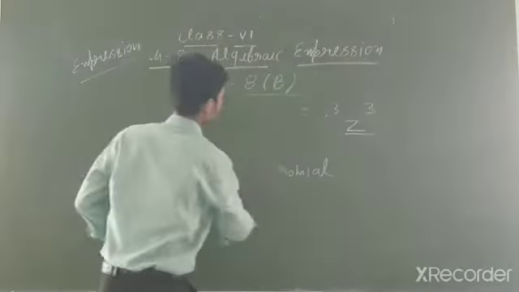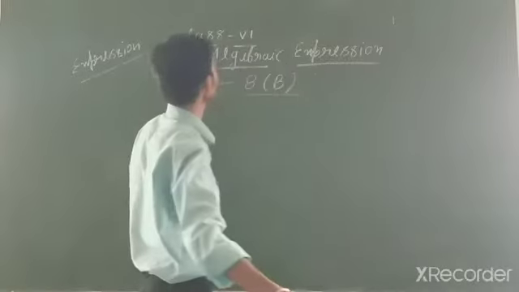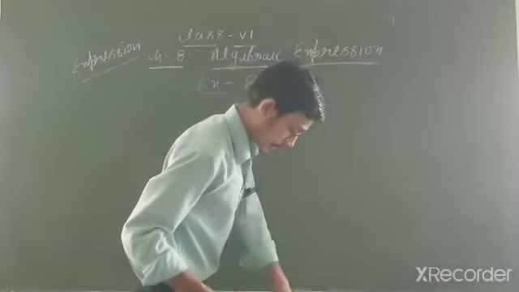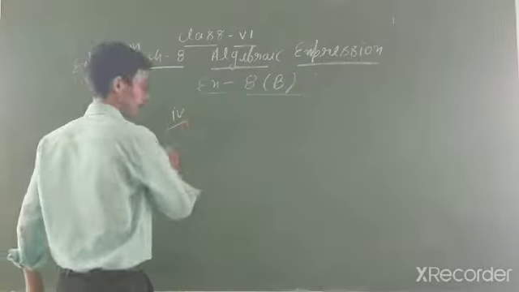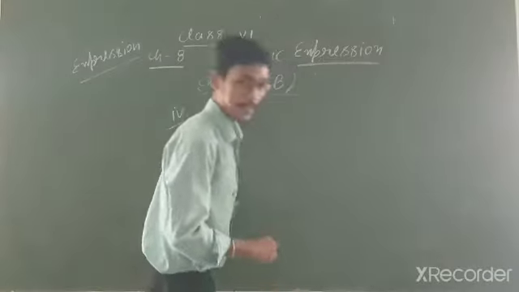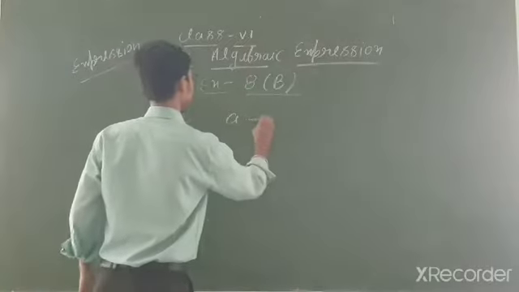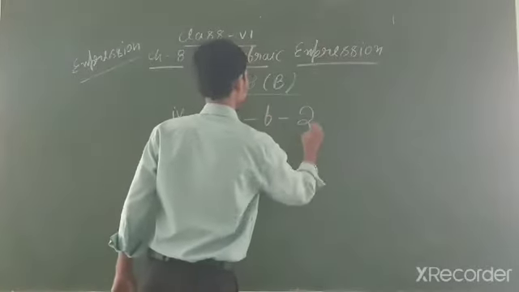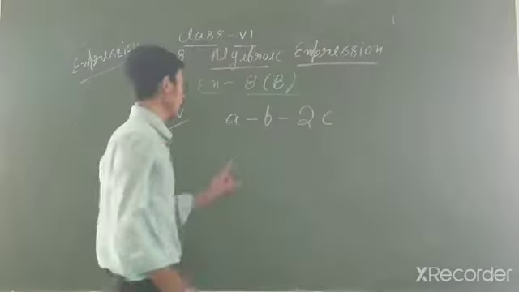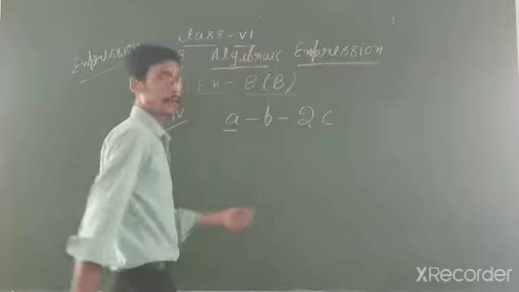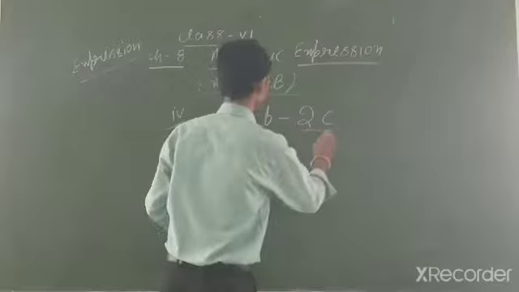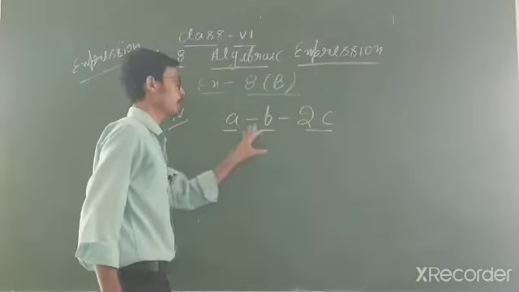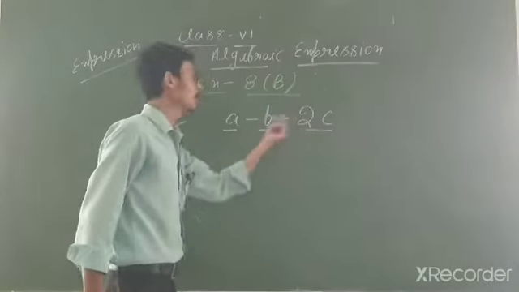Now next example I am going to take, like question number 4: a plus b minus 2c. Clear student? So a is one term, b is also one term, c is also one term. So total terms, student, 1, 2, 3, and minus sign is given.